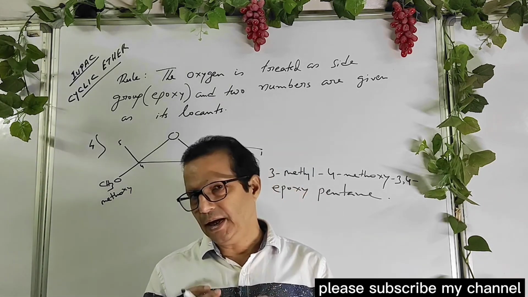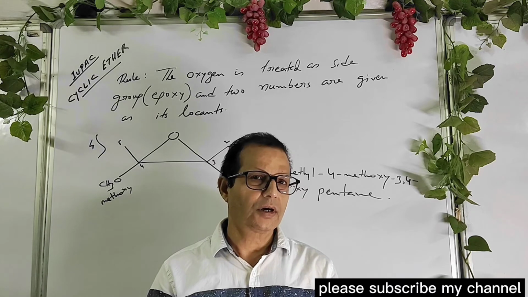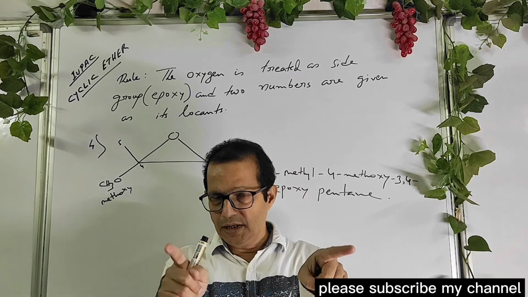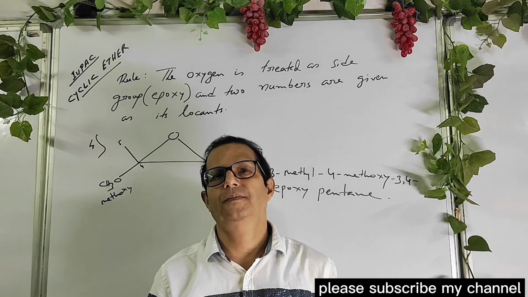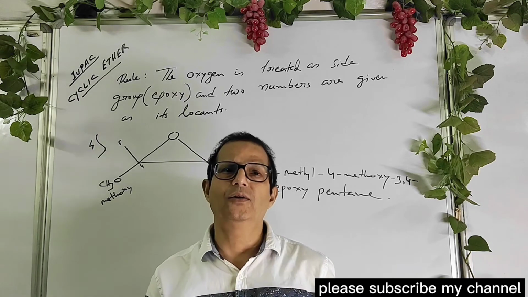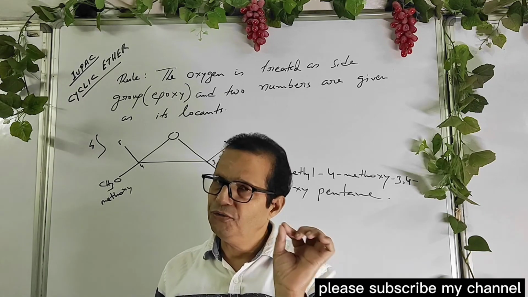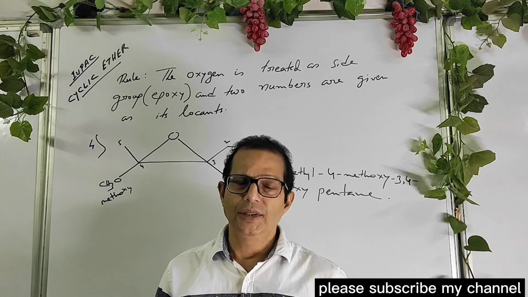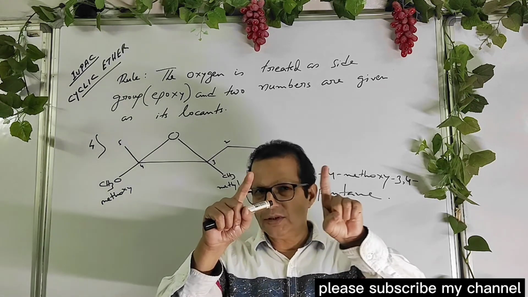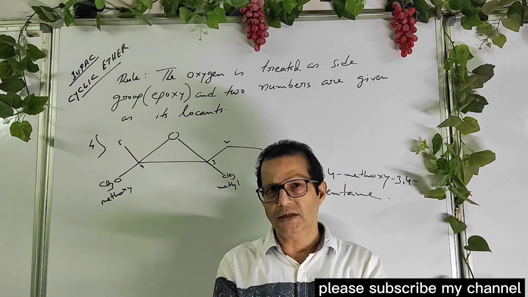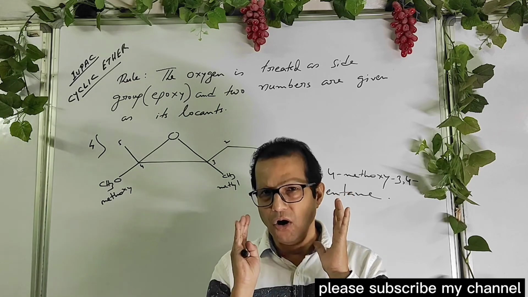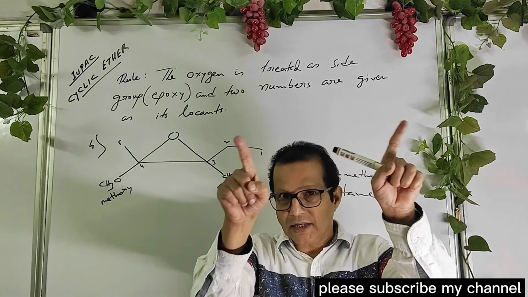Now next, these are called crown ethers. If a cyclic ether contains more than 1 oxygen atoms, mainly 4 to 5 oxygen atoms, they are called crown ethers. Once again, crown ethers are cyclic ethers, contains 4 to 5 oxygen atoms in cyclic ring.